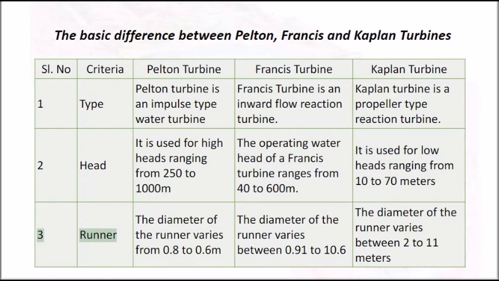The diameter of the runner varies from 0.8 to 0.6 m. The diameter of the runner varies between 0.91 to 10.6. The diameter of the runner varies between 2 to 11 meters.